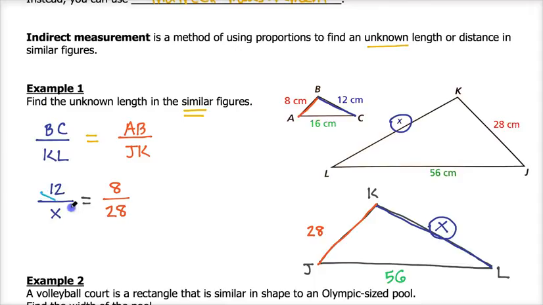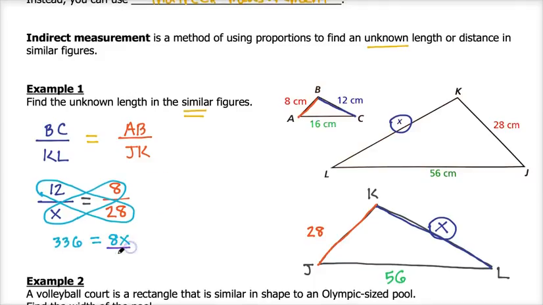and I can solve that proportion using my cross products. So 28 times 12, be sure to show your work for that multiplication. 28 times 12 is equal to 336. And then my other diagonal, we have x times 8, or 8x. So we have 336 equals 8x.